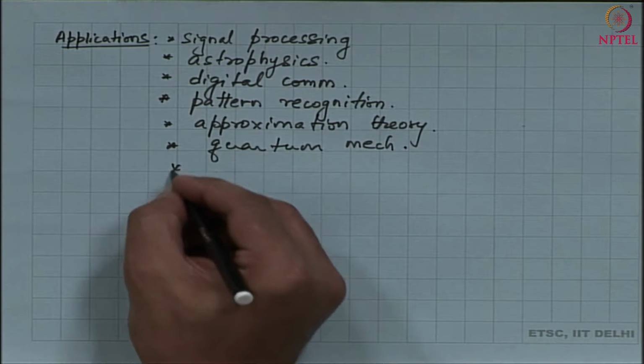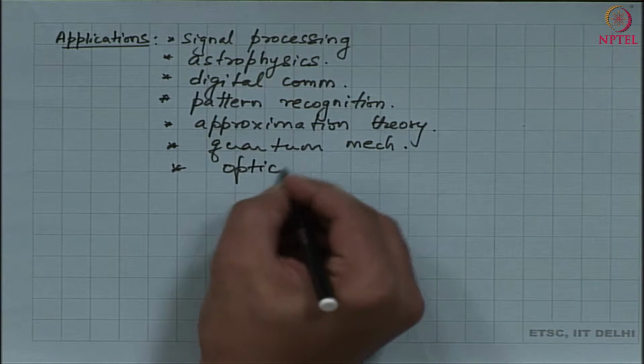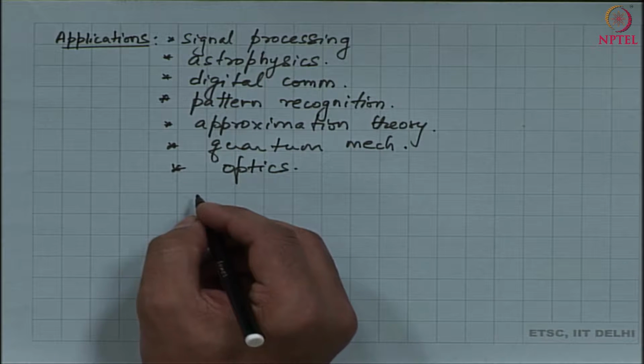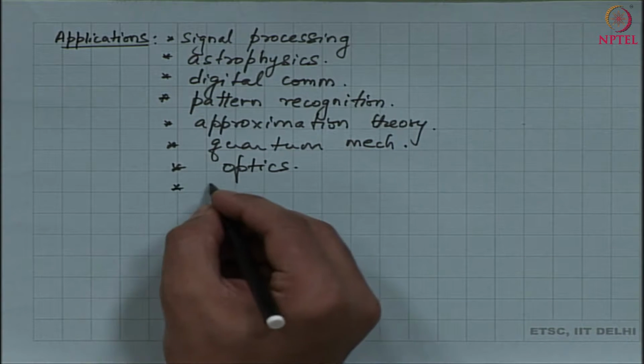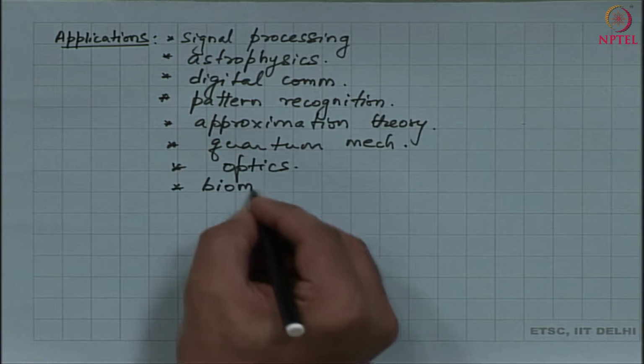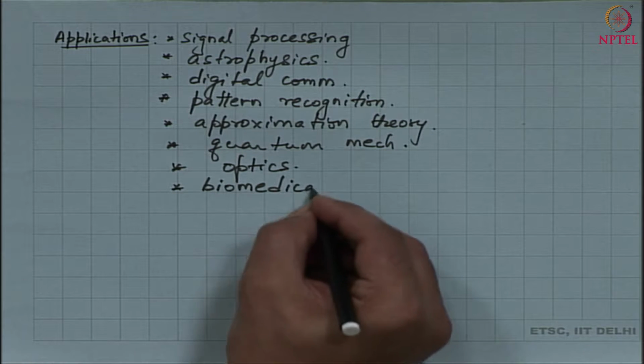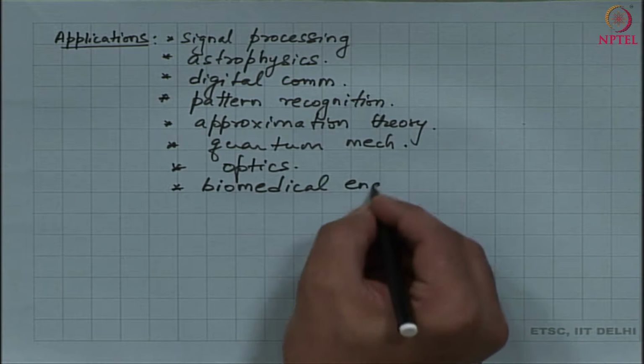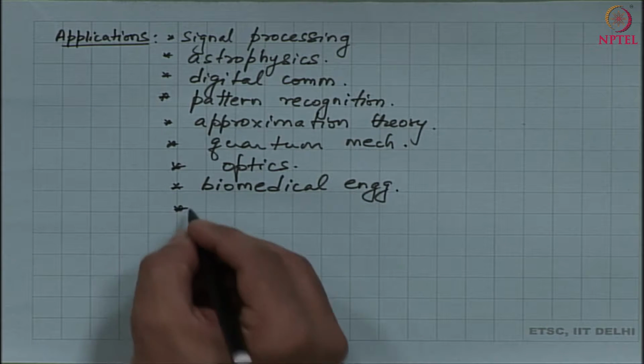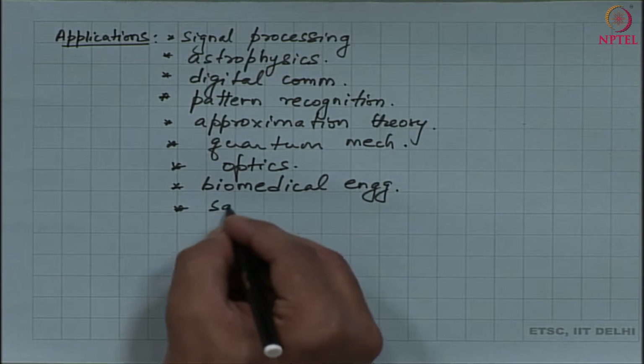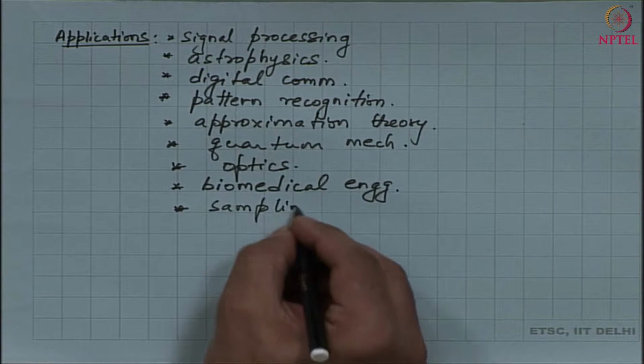You can see that there is a list of areas where wavelets are widely used, and the use of wavelets is widespread. So, biomedical engineering. These are some of the applications that I can think of.